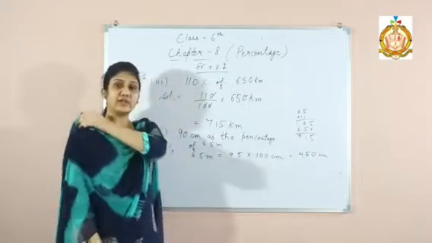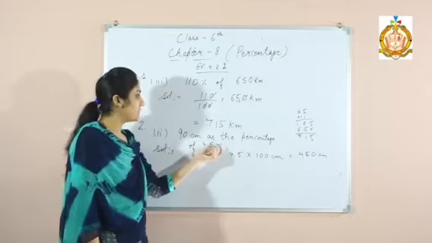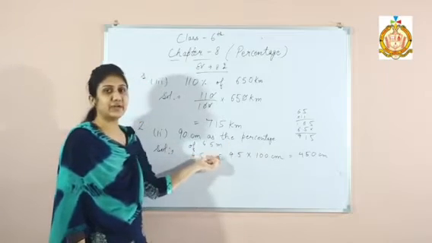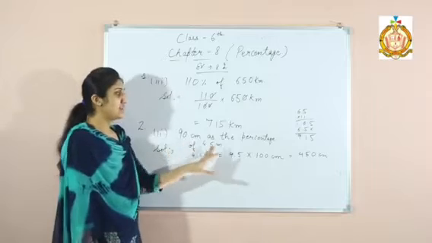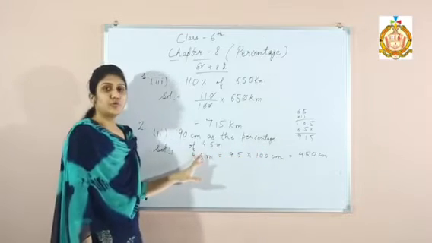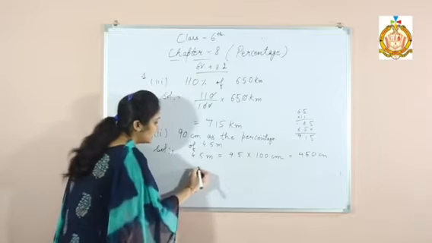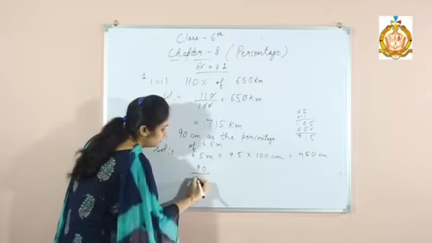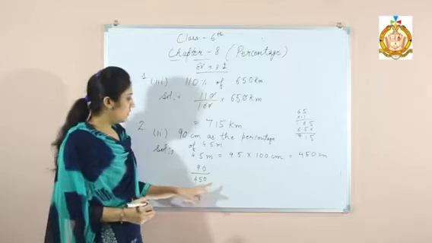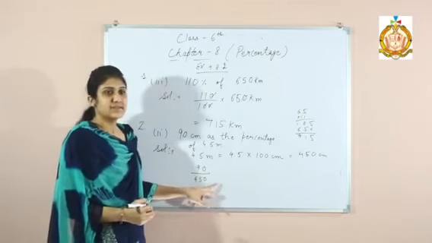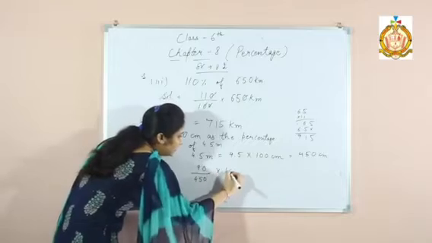Now we have to find what is 90 centimeter. We have to write 90 centimeter as the percentage of 4.5 meter, or we can say 90 centimeter as the percentage of 450 centimeter. So you can solve it like 90 upon 450, because these are in the same units, we need not write the units. Centimeter cancels out with centimeter, and multiplying it with 100.